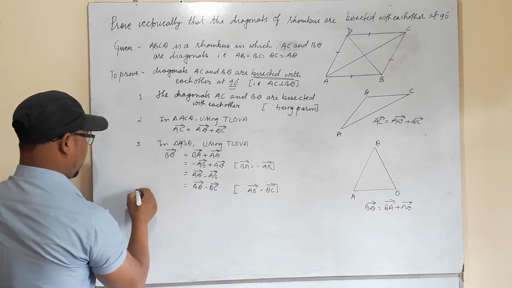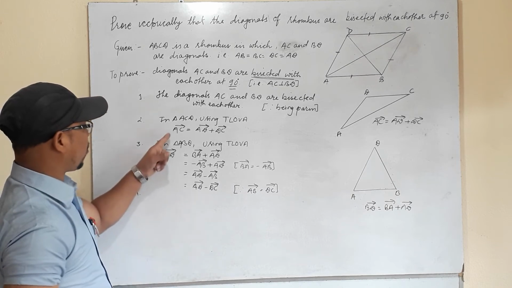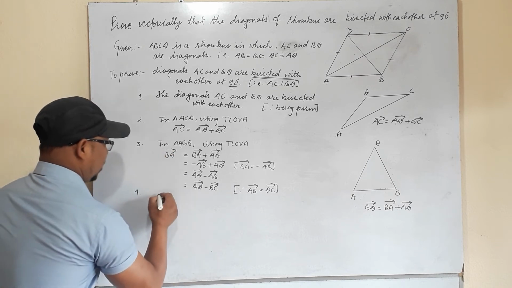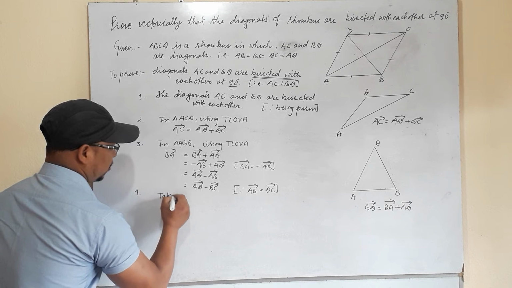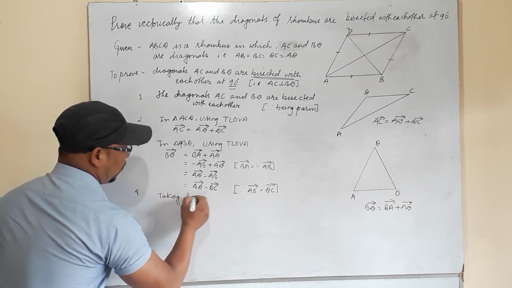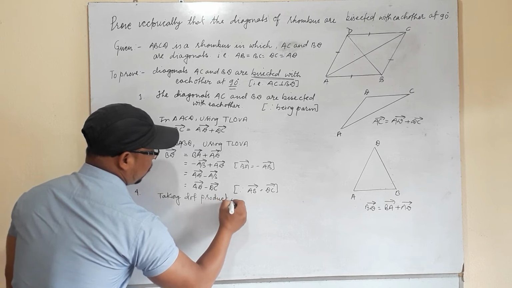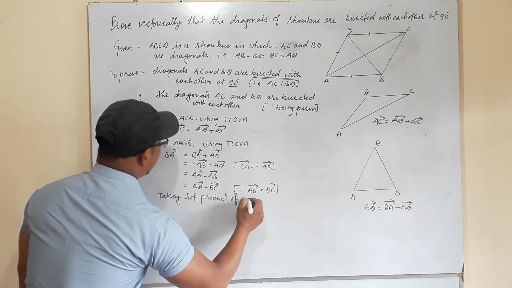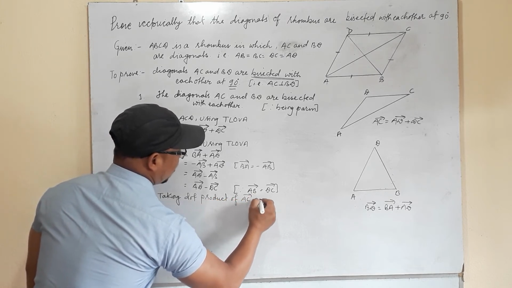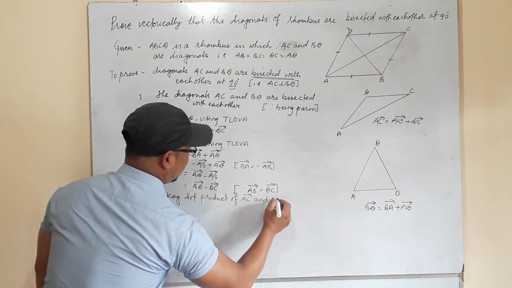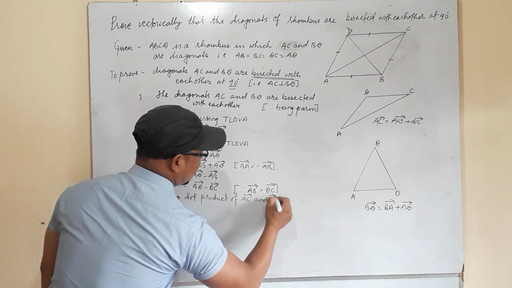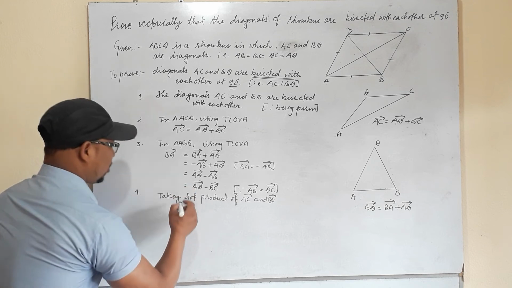Now four number. Taking the dot product of AC vector and BD vector. See what happens here.